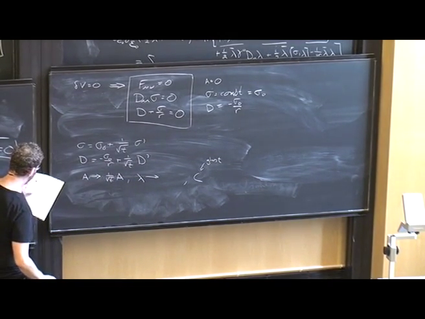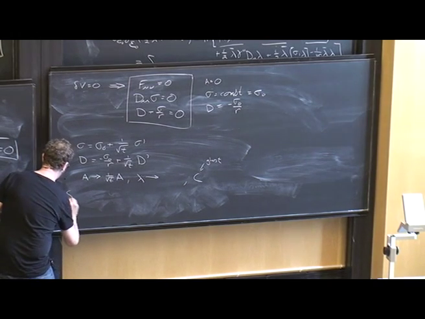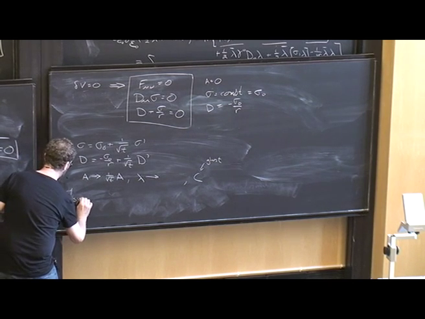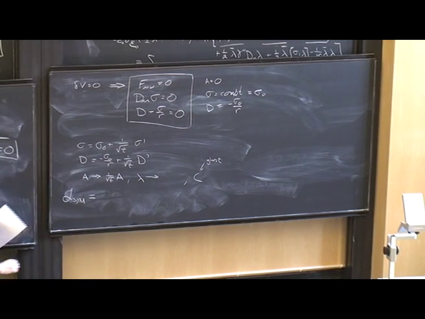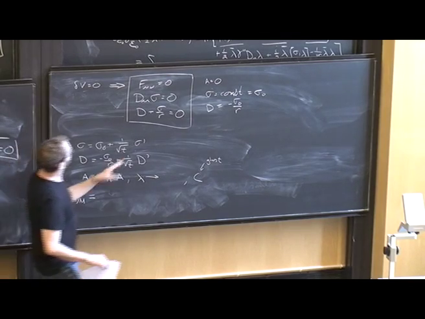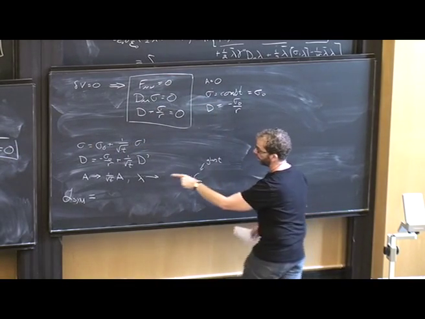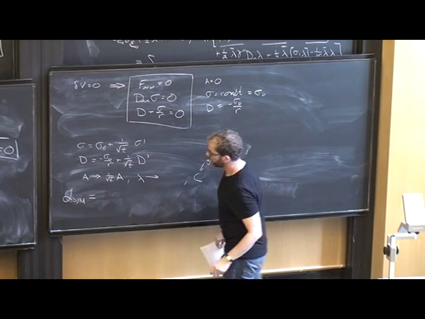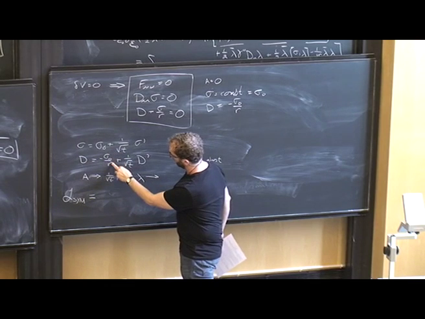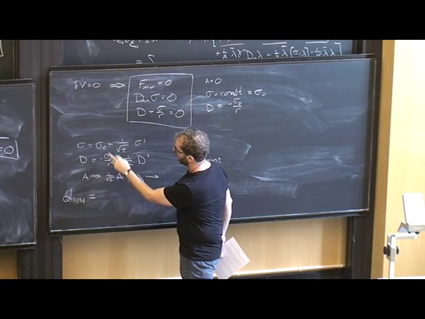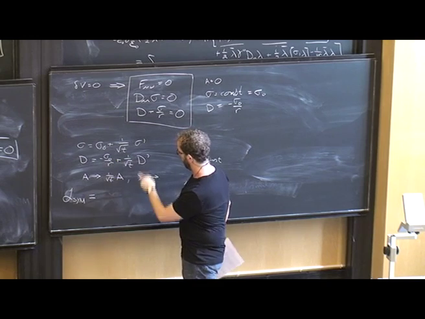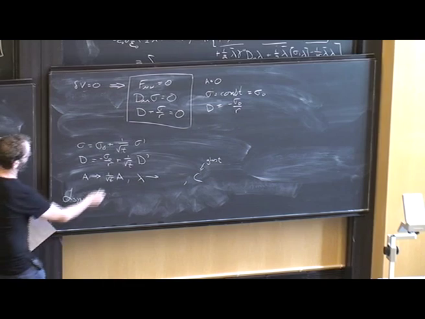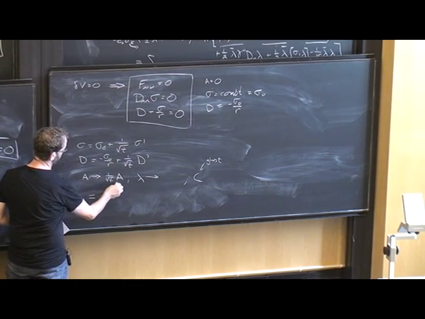So, the Super-Yang-Mills Lagrangian, we chose this space such that it will vanish on these fields. So these terms will vanish. It's a classical solution, so we need to worry about these terms and this term.